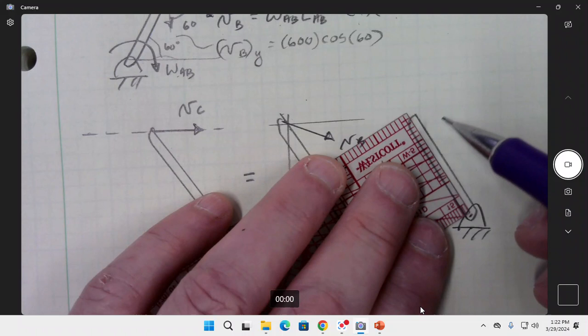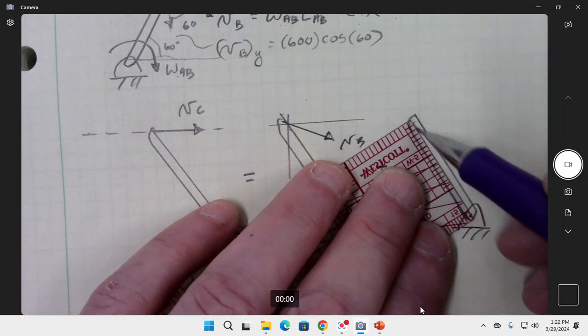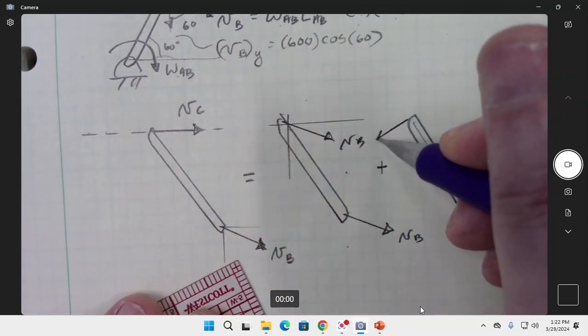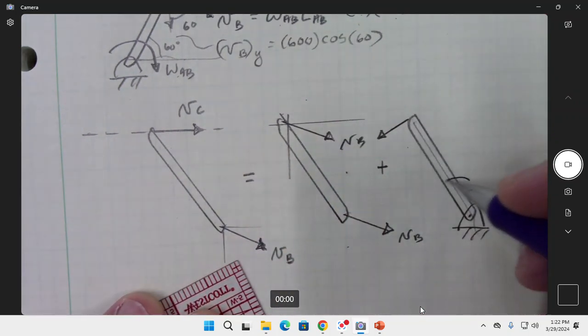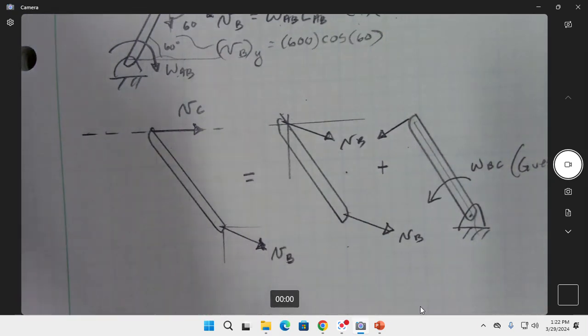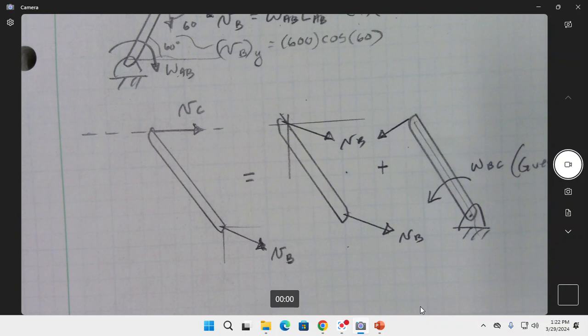So we're going to have this line right there, and I'm going to choose this as positive. It's going to be omega BC. And I like to write down that I guessed, kind of a reminder to myself, or even to my professor, that I didn't know, but I guessed.